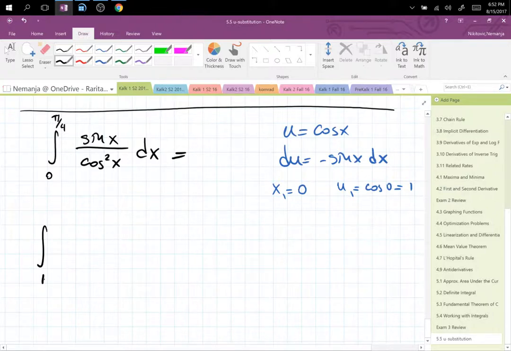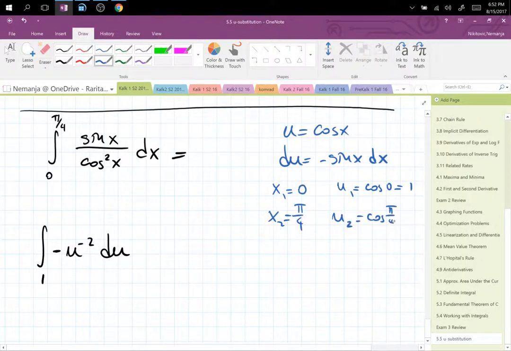We have, again, u to the negative 2, which needs to be negative, du. The upper limit x2 was pi over 4, so u2 is cosine of pi over 4, which is root 2 over 2.